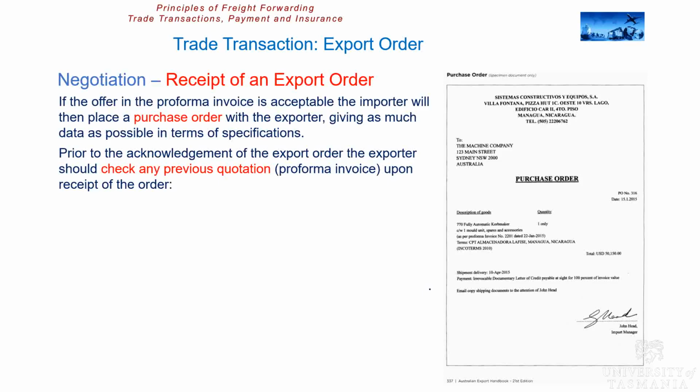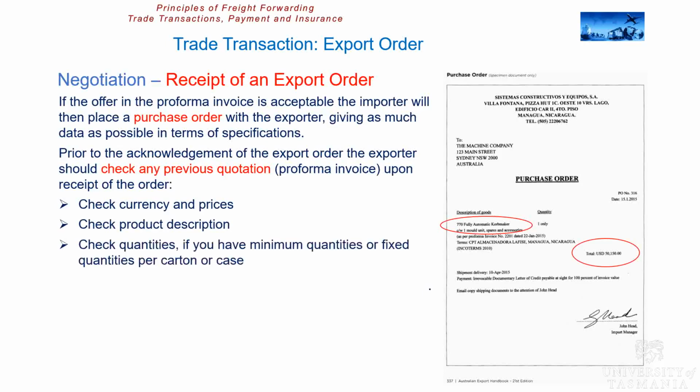However, prior to doing so, it's very important that they check any previous quotation. So the quotation or pro forma invoice needs to be checked, particularly in regards to the level of information provided by the buyer in the purchase order itself. So they need to check the currency and prices. They need to have a look at the product description.